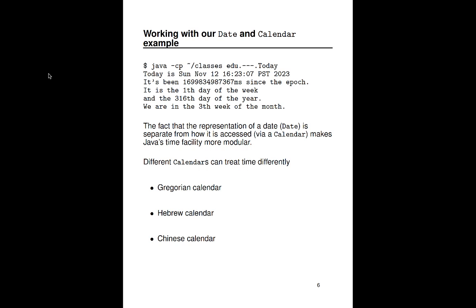Because of this flexible facility, Java easily supports multiple calendaring systems. So if you go and look at the API, there are some subclasses of Calendar that represent things like the Gregorian calendar, which most people in the West are on, the Hebrew calendar, the Chinese calendar, really any kind of calendar that you want. And they add more over time as there's more demand for localization.